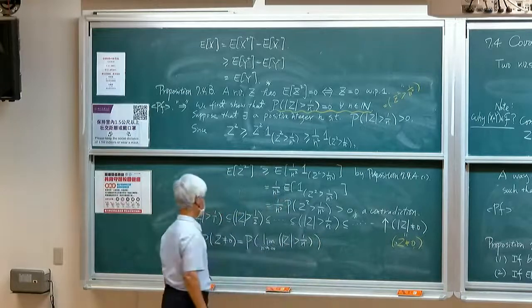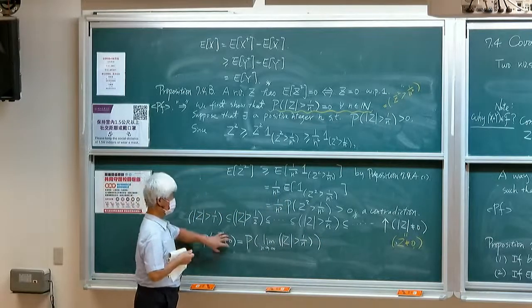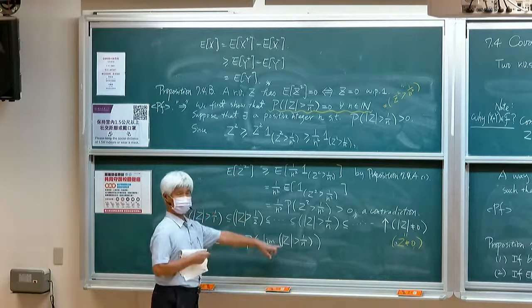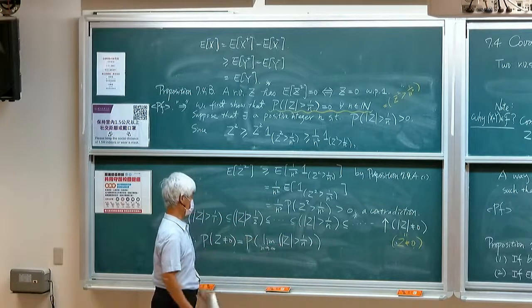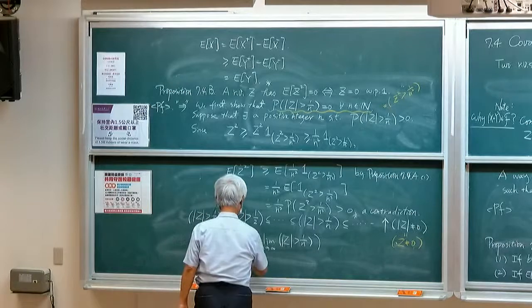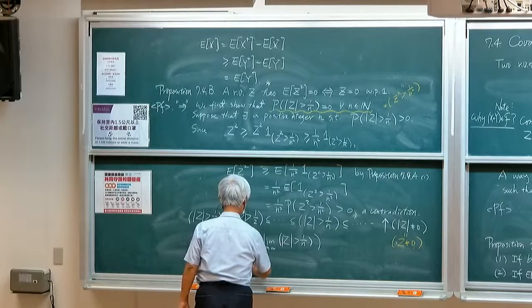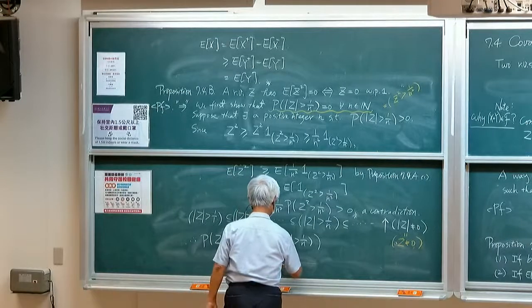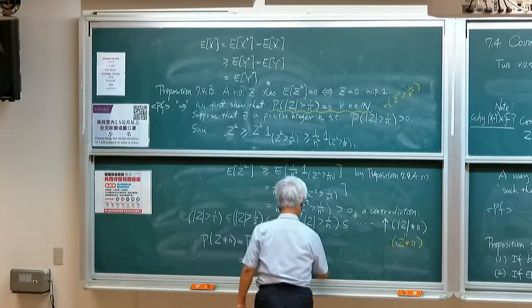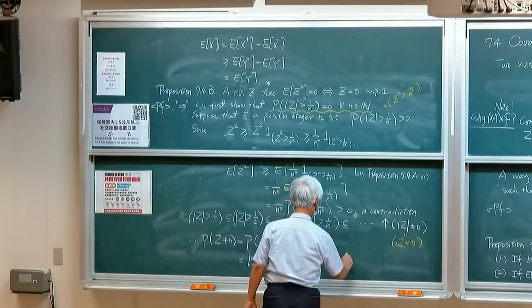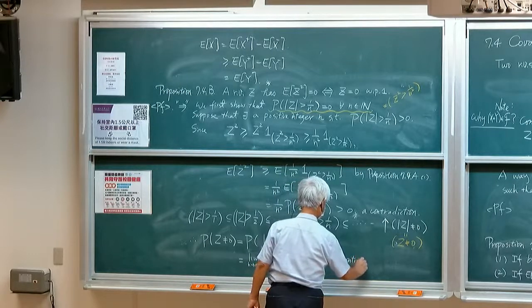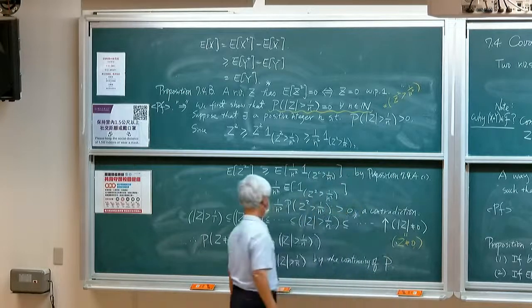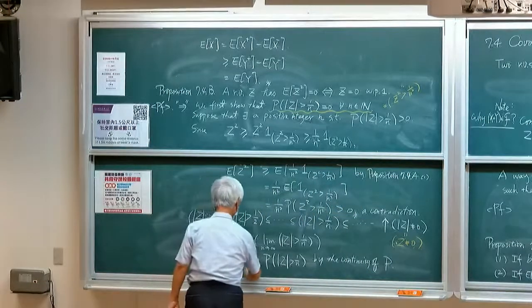So this event is the limit of this increasing sequence of events. And by the continuity of the probability measure, this is the limit of the probability that Z is greater than 1 over n, by the continuity of P. Okay.